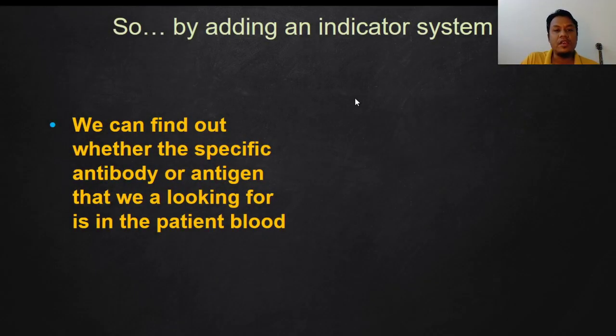Then in CFT, we proceed by adding an indicator system. The indicator system is the part where we can observe the result. With it, we can find out whether the specific antibody or antigen that we are looking for is in the patient's blood. The main reason for CFT is to look for specific antibody against the pathogen we are looking for, or the pathogen or antigen itself.